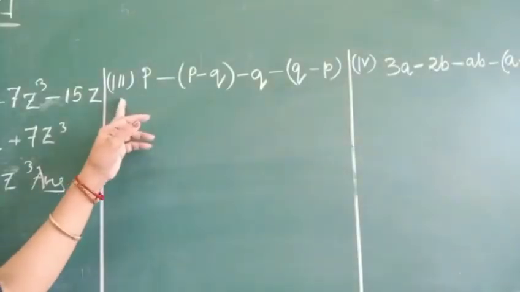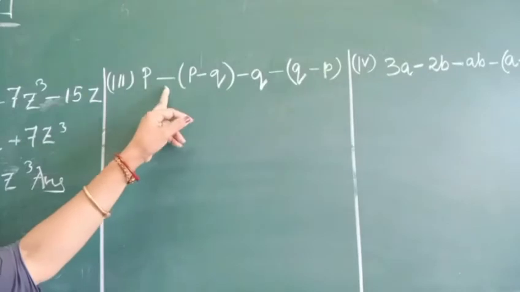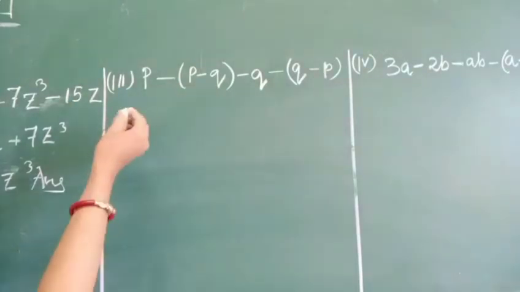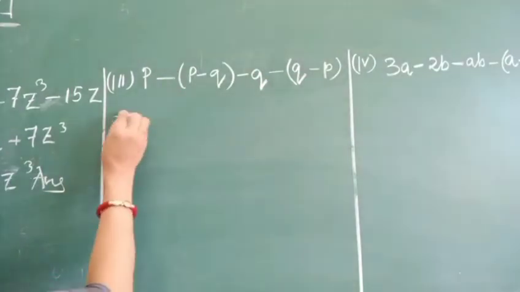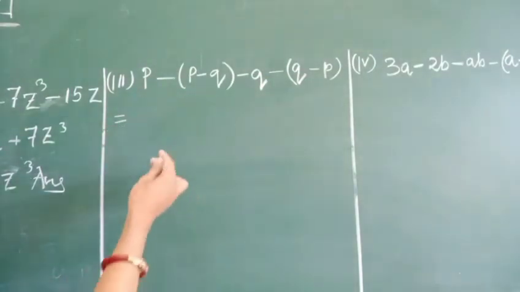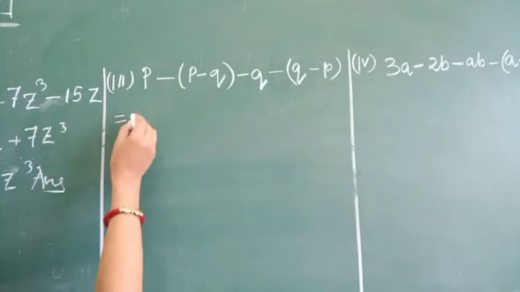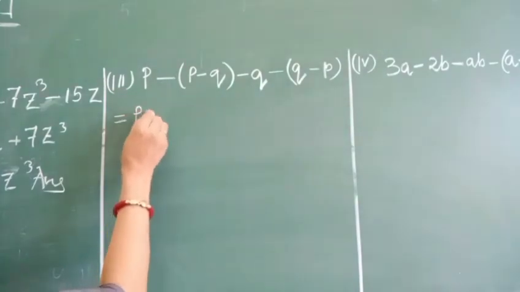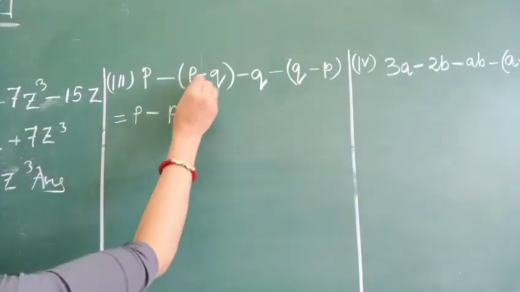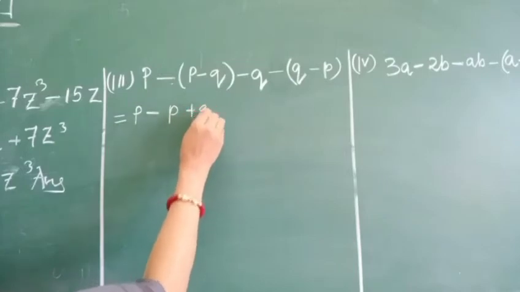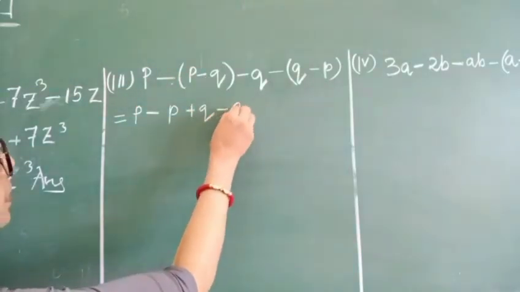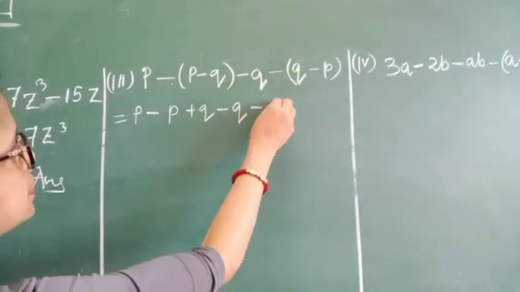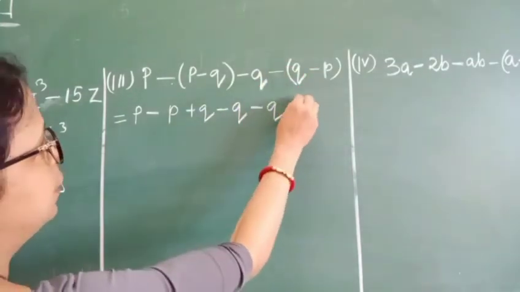Question number 3: p minus q inside the bracket, so minus q minus q inside the bracket. First of all, I want to open the bracket. Minus sign is outside, so be careful. P minus minus plus q minus plus q minus minus plus p.